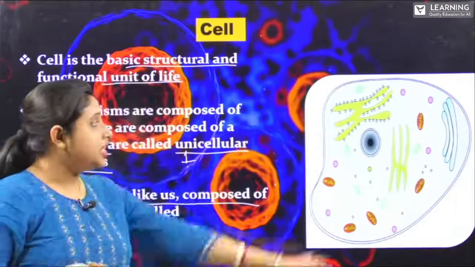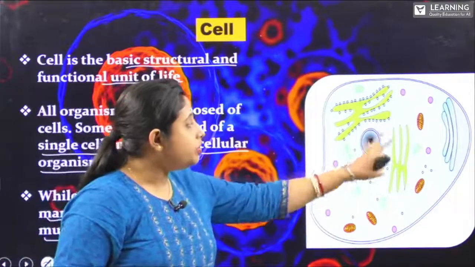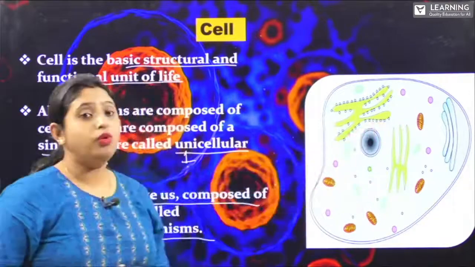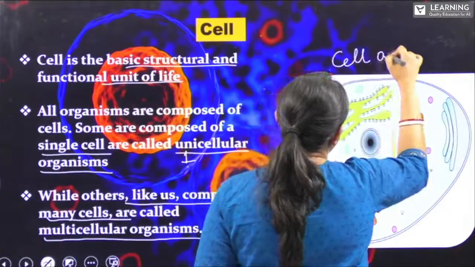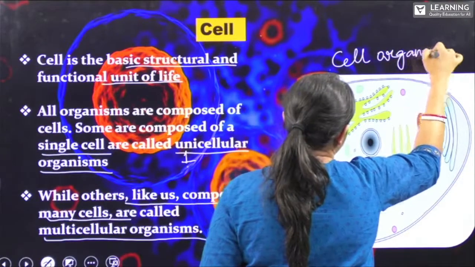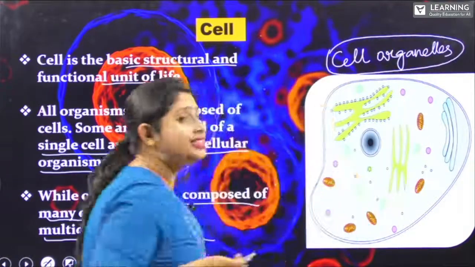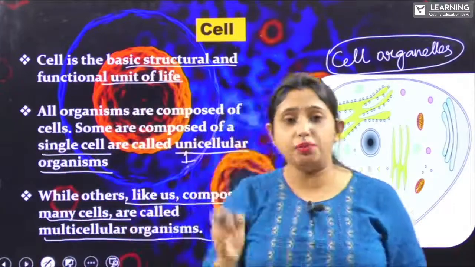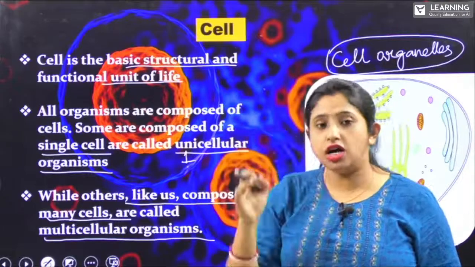So as you can see in this picture, this is a picture of the cell showing the various cell organelles. Inside the cell we will find the cell organelles. In the cell, there are many cell organelles like the nucleus, the endoplasmic reticulum, the ribosomes, mitochondria, Golgi bodies.